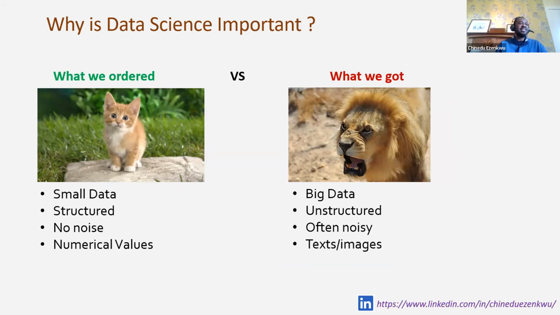They are text, some of them are images, and we are meant to get values from this data. Some of them are noisy. Some of the vital points, the important things in this data, could be missing, and we want to be able to cope with this kind of data. The only field that helps us to handle this kind of scenario is data science. And that is why data science is important.